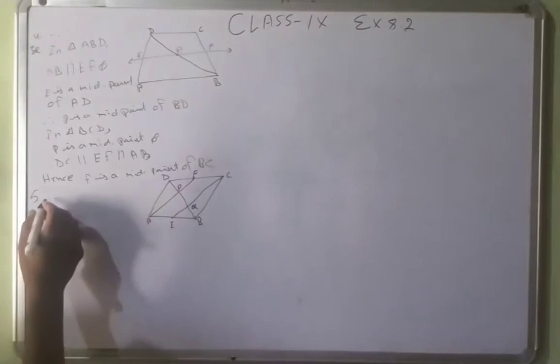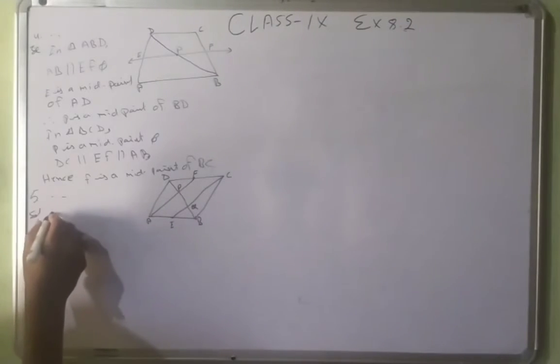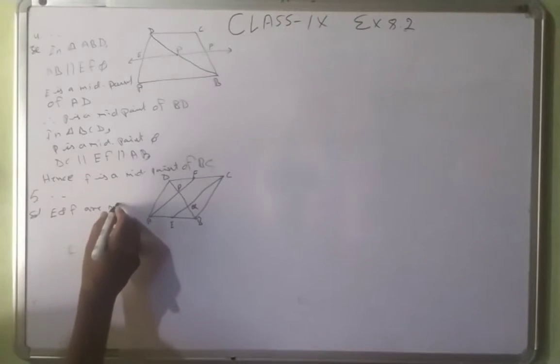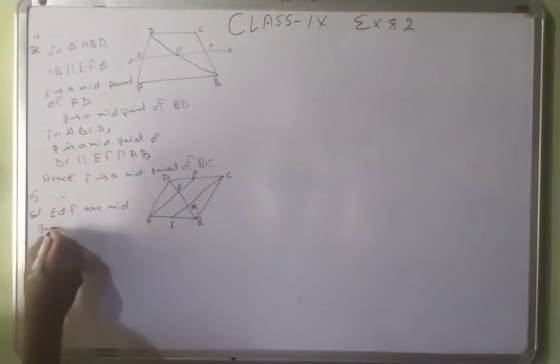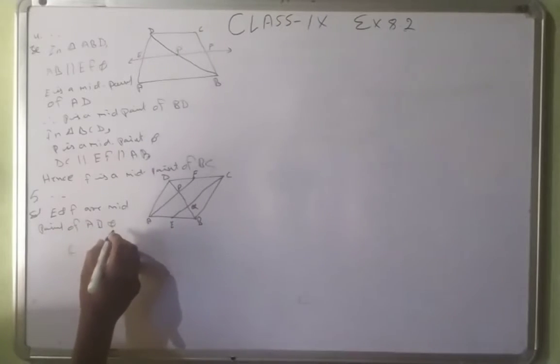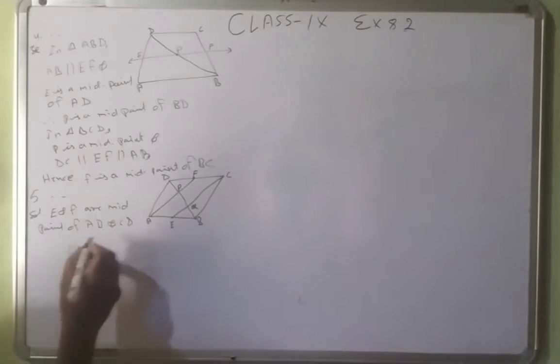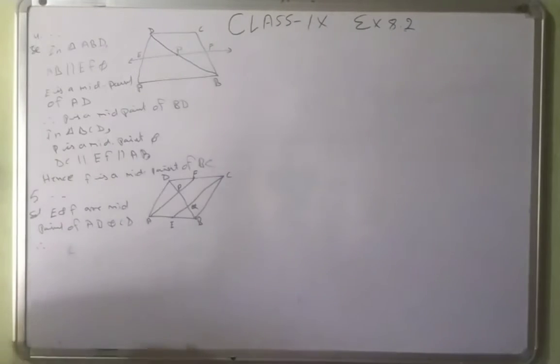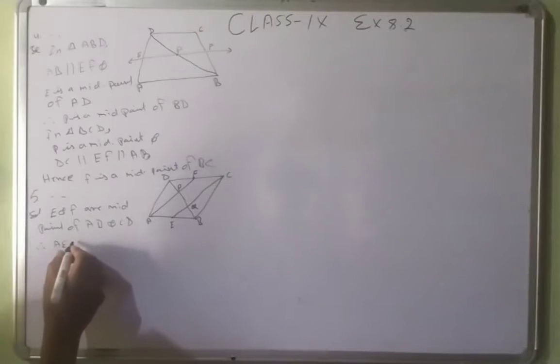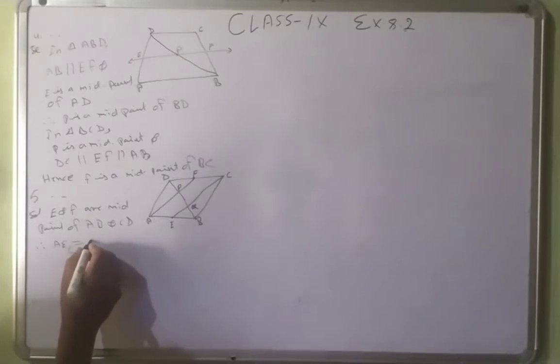See that, or this one also E, F. So EF, solution: E and F are midpoints of AB and CD. So AE is equal to CF.